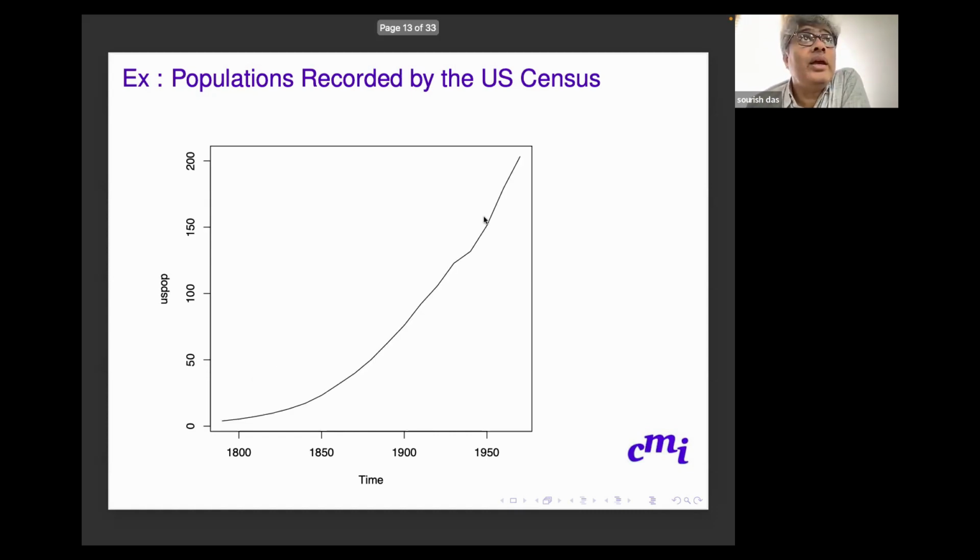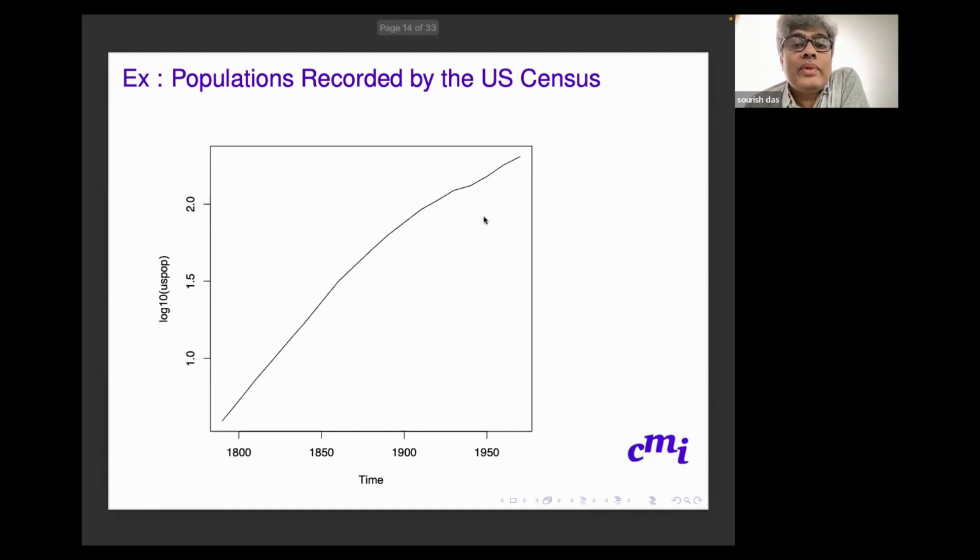Even though it is actually growing, in logarithmic scale it is saying that gradually the rate, by 1960, started slowing down.